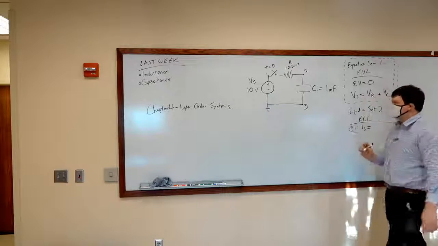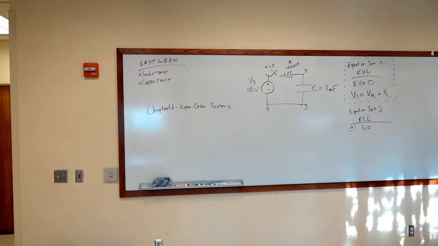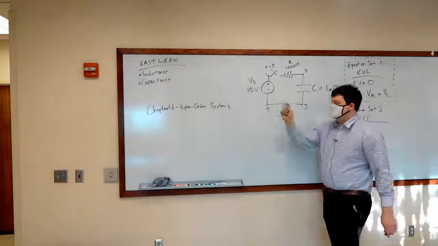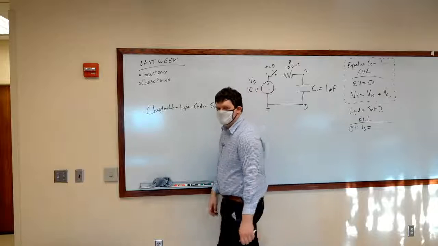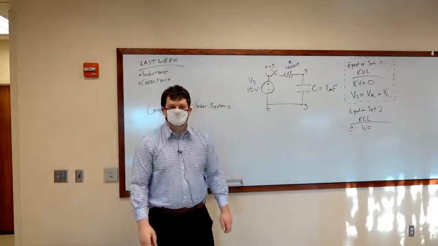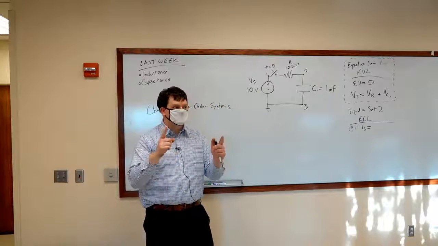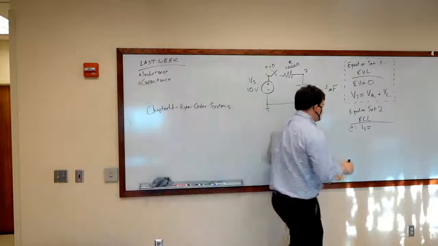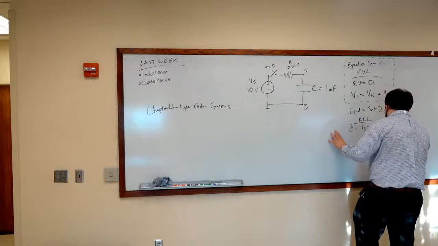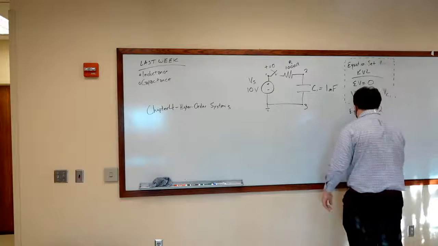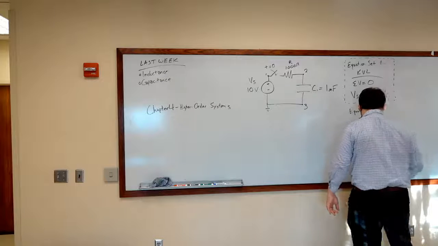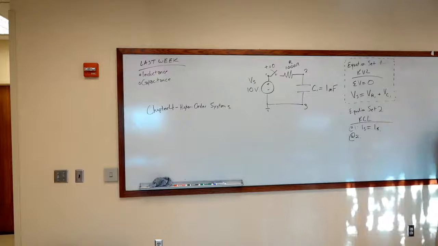So IS is equal to what? What's the current coming out of 1? It goes through the switch and it goes into what? It goes into the resistor. So IS is equal to IR1. Okay, what about node 2? What is our equation at node 2? What current goes into node 2?